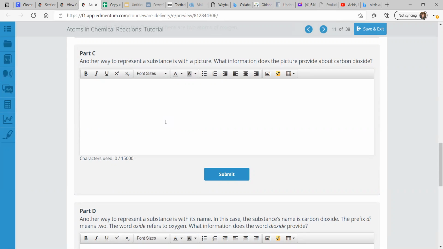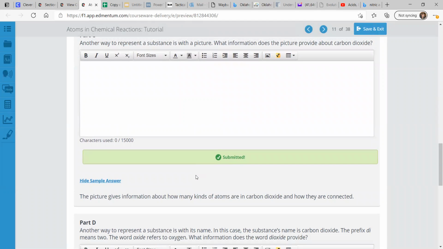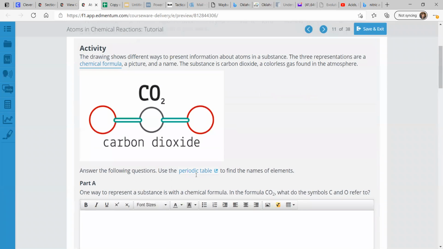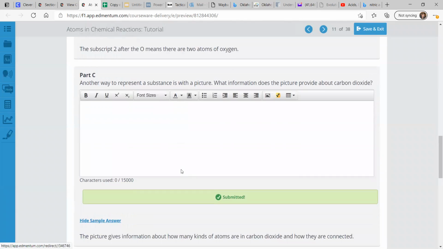What information does the picture provide about CO2? The picture gives information about how many atoms or how many kinds of atoms are in CO2 and how they are connected. So if you go back here, you see how we have the 2 oxygen molecules attached to the carbon atom.